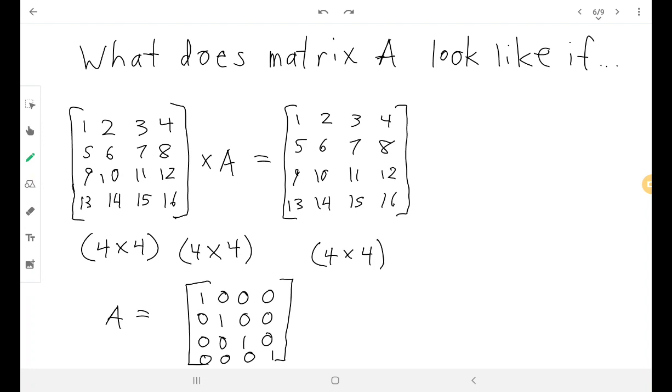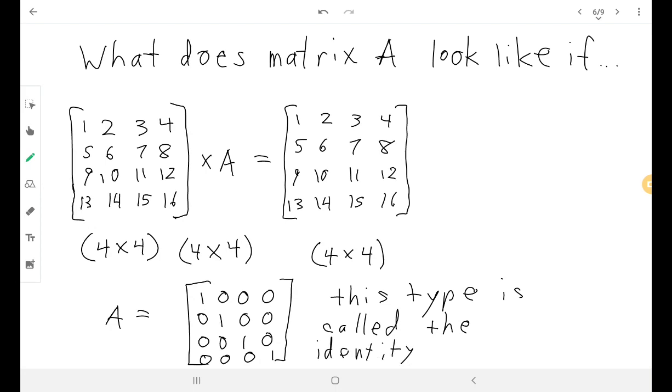And if you look at this, you can see that the numbers run diagonally down the matrix. And so this is what we call a diagonal matrix, where all the numbers are in that diagonal running from left to right. And this type of matrix is called the identity matrix.